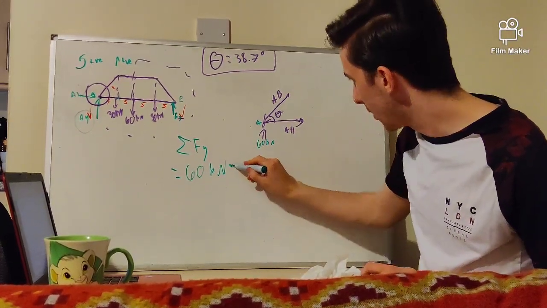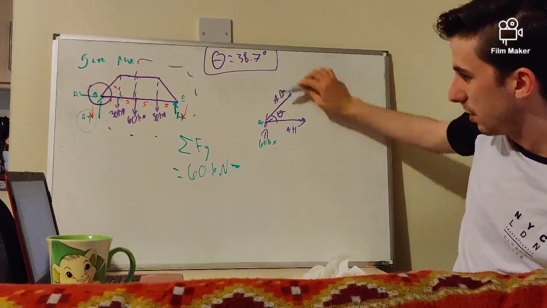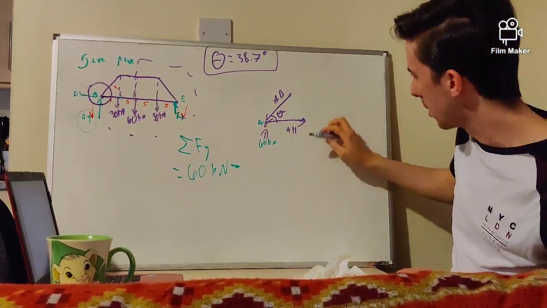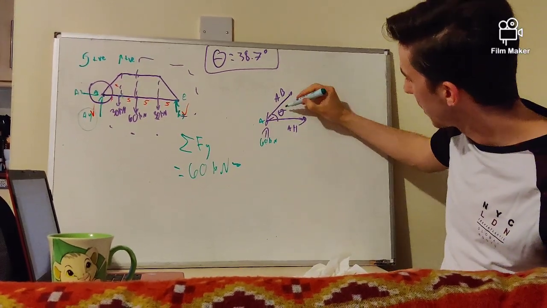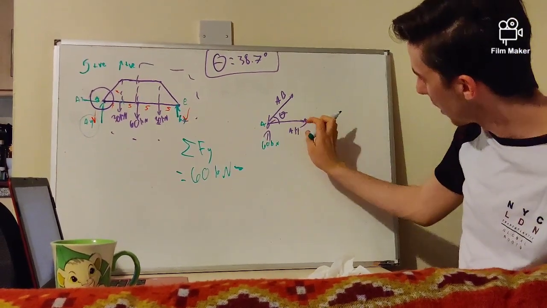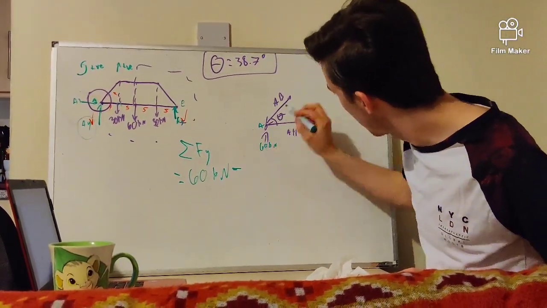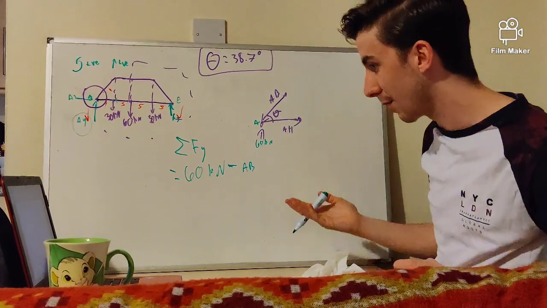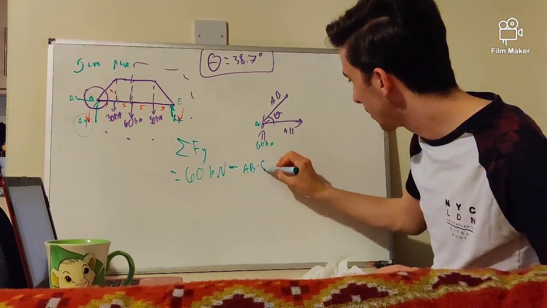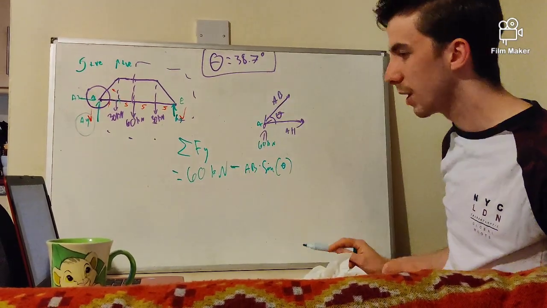And that's going to be minus whatever the X component of this is. So, no, whatever the sine component of that is. So the Y component. So we need to take sine of theta because we're going that way. So it's going to be minus AB, whatever that member force happens to be when I work it out afterwards, times the sine of our angle, so sine theta, 38.7.